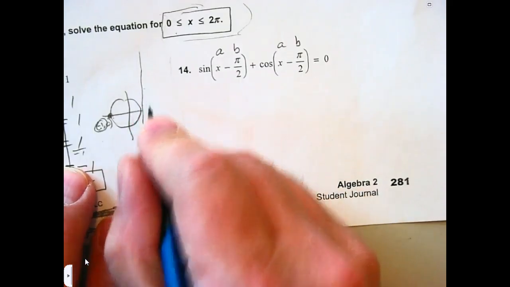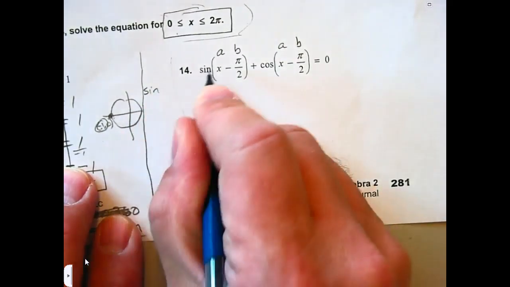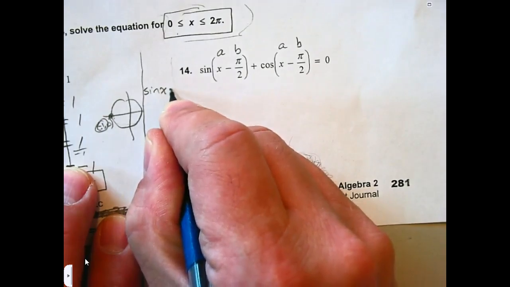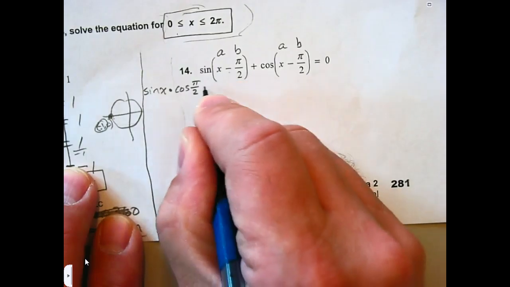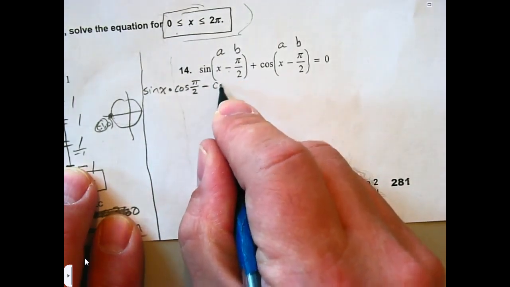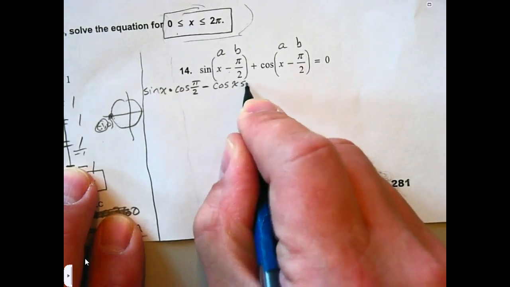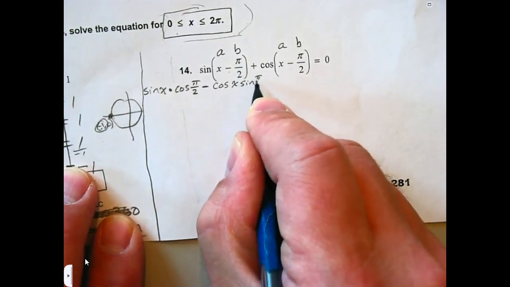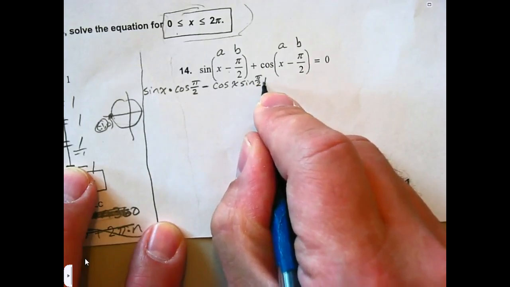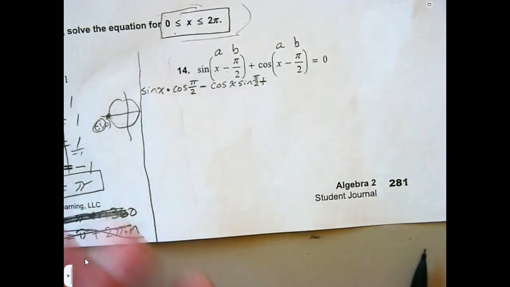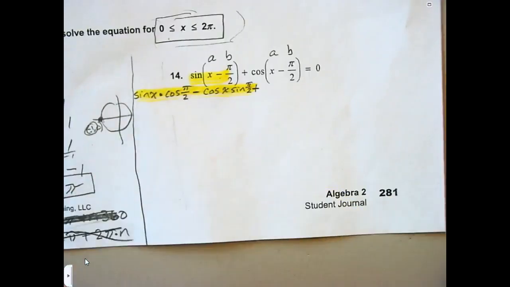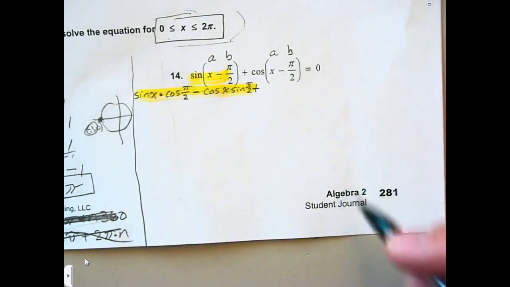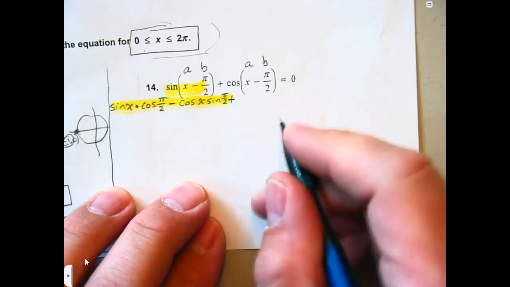Sine A times cos B minus cos A sine B. That is just for this first equation. This piece is this piece. Get the highlighter going.